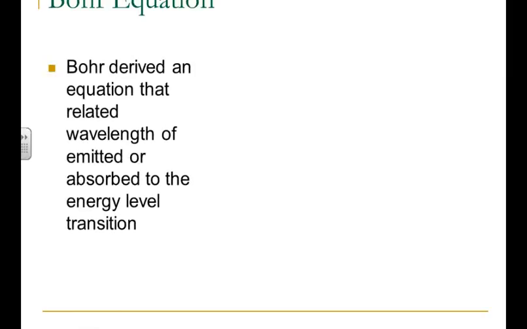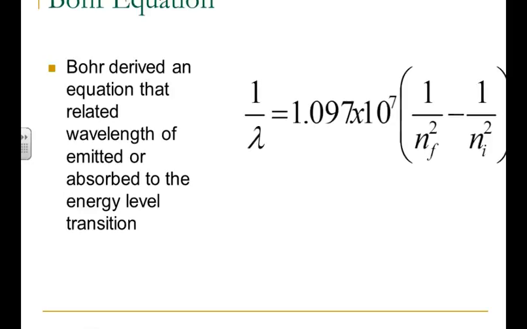So Bohr didn't just make this observation. He was a mathematical physicist, and he derived an equation that related wavelength of energy absorbed to the energy level transition that the electron went through. This is the equation. 1 over wavelength, or the reciprocal of wavelength, is equal to a constant multiplied by 1 over nf squared minus 1 over ni squared, where n equals the energy level number.